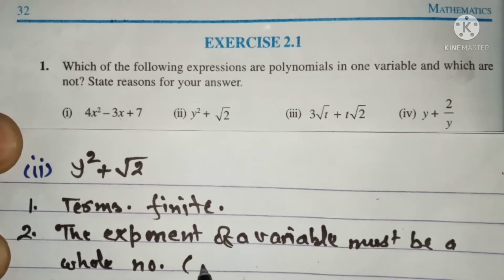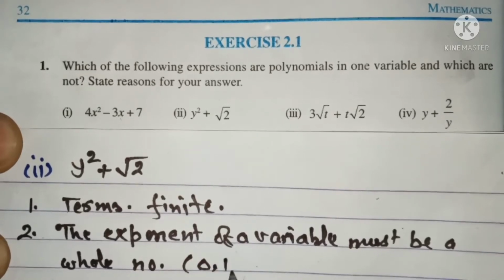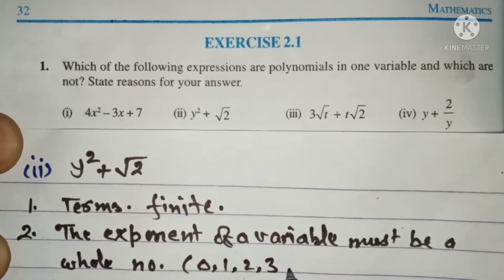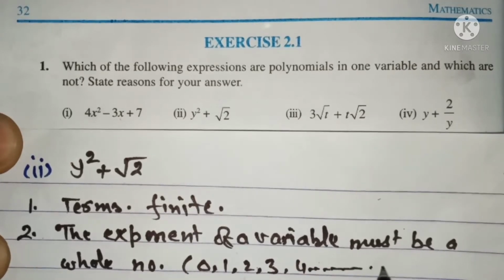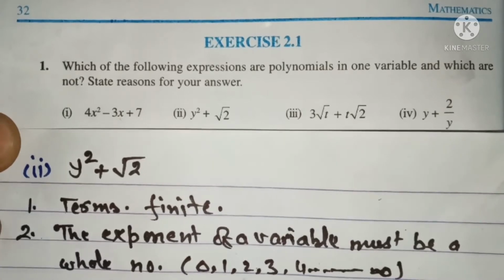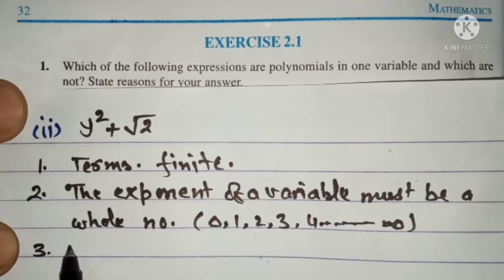It means it should be 0, 1, 2, 3, 4, and so on up to infinity. The third one is the coefficient of a variable must be a real number.